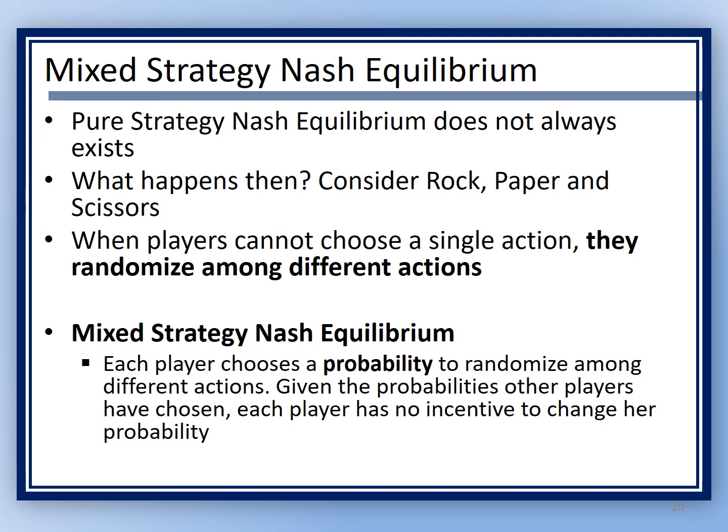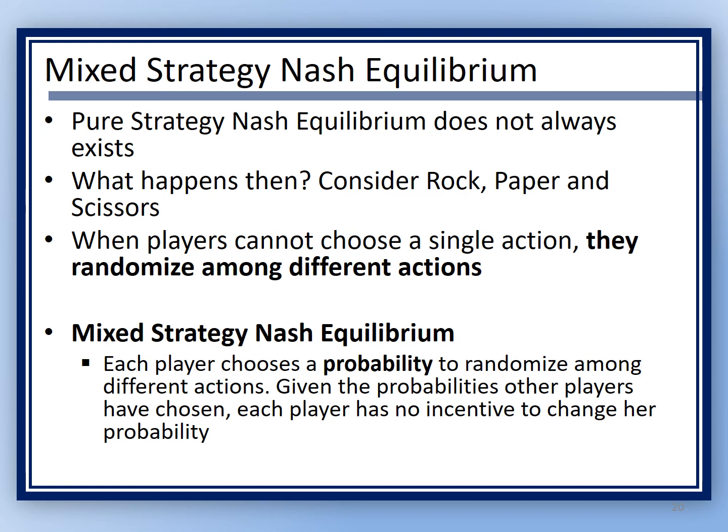So we have modified the stability concept. In the pure strategy Nash equilibrium, the stability concept is you choose a single action, I choose a single action, and none of us wants to change our action. In mixed strategy Nash equilibrium, we have changed the stability concept to that of a probability distribution. You choose the probability distribution of what you're going to do.